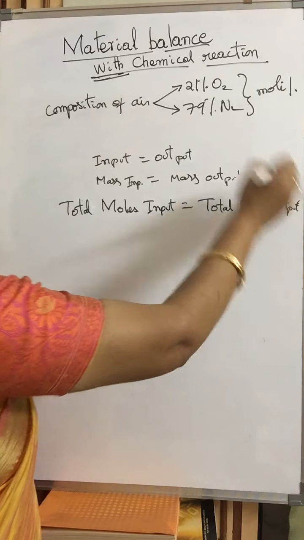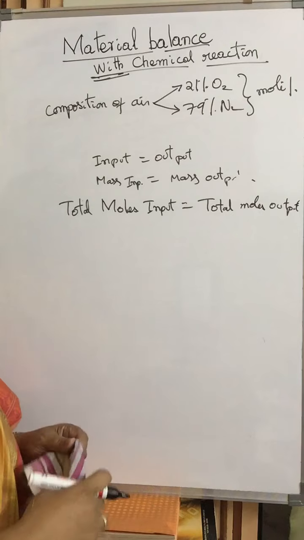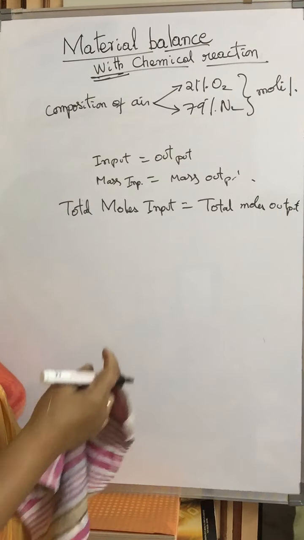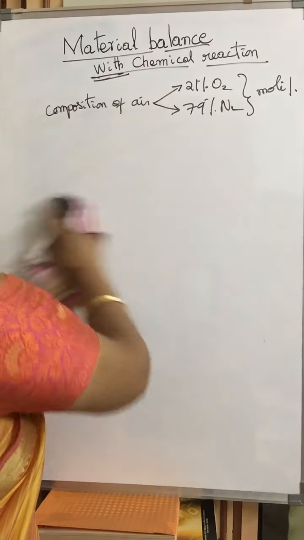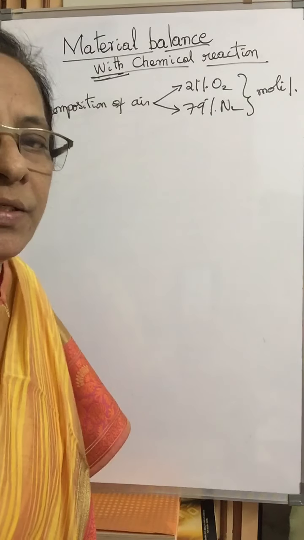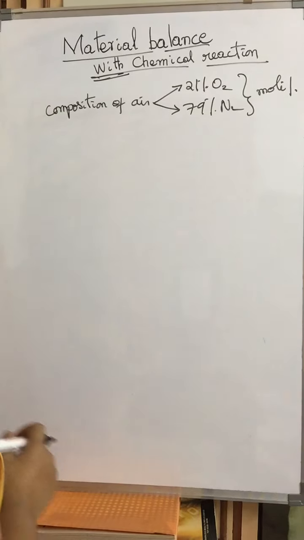This is our material balance. So mostly for gaseous phase reactions, we work in mole percentages. Air contains 21% oxygen and 79% nitrogen.